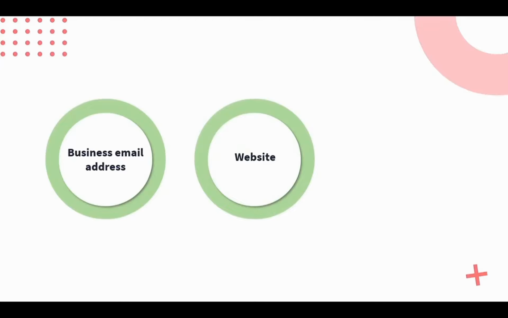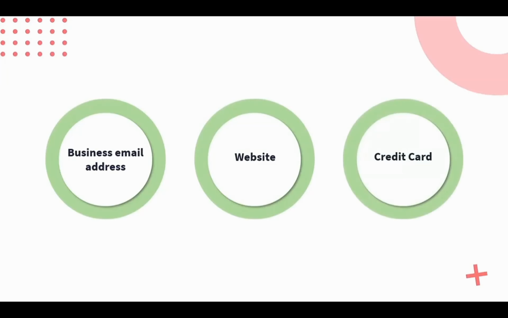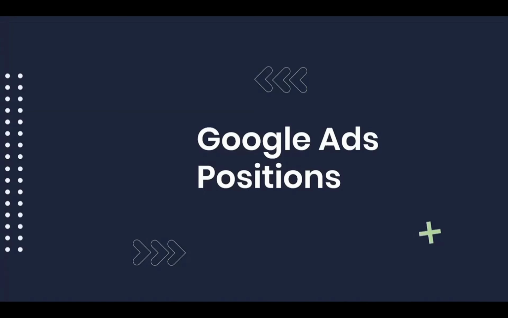And that's where a website becomes quite necessary. It actually makes sense as well. You would want to navigate people to your website with your ads. So it all just makes sense from a funneling perspective. Then last but not least, we need a credit card so that we can actually pay for the campaigns. But don't worry, you can do test campaigns and keyword searches without any charge in the meantime.